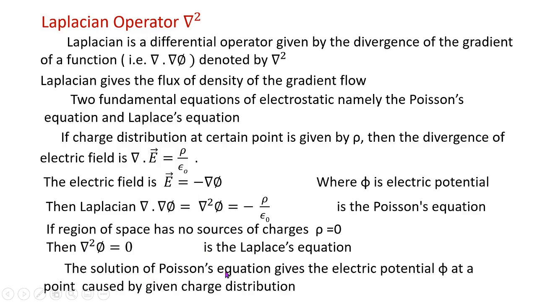The solution of Poisson's equation gives the electric potential phi at a point caused by a given charge distribution. This is one of the applications of the Laplacian operator.